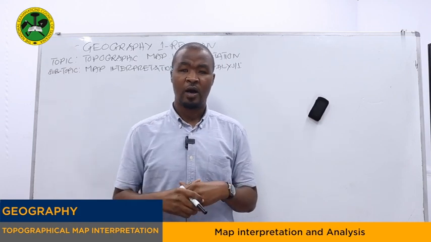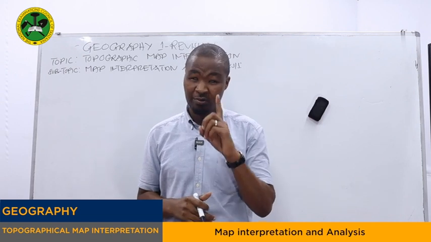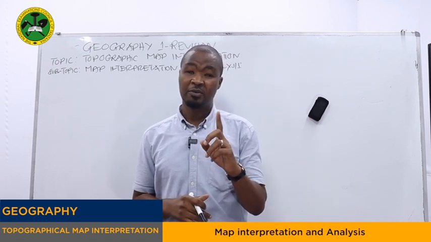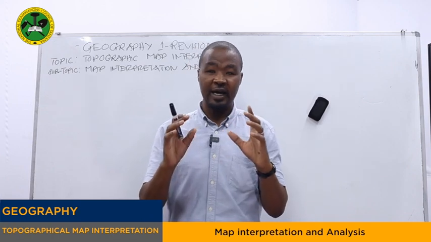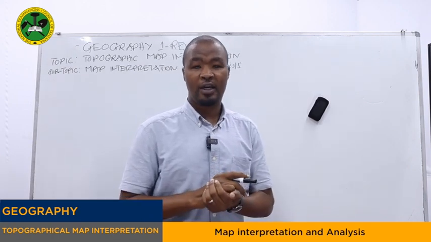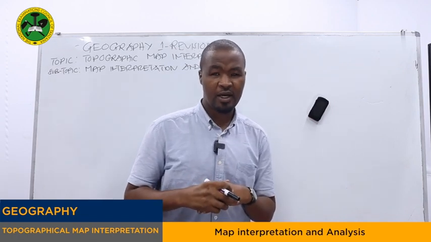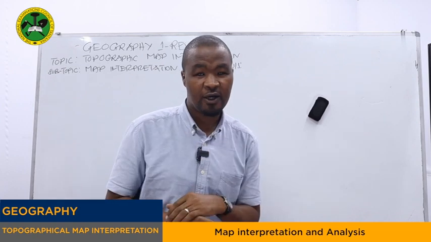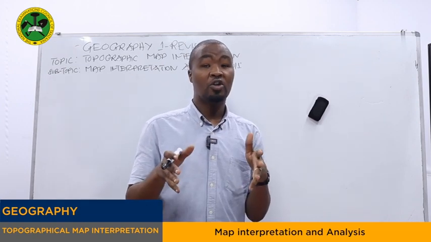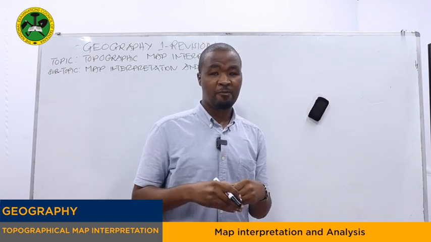Then going back to map analysis, it is a process of identifying features found on the mapped area and explaining their interrelationship between each other. Let's say, for instance, you have identified the general configuration of the mapped area. It is a highland area with a steep slope. Then we are going to see how it influences, for instance, the drainage pattern found on the mapped area.